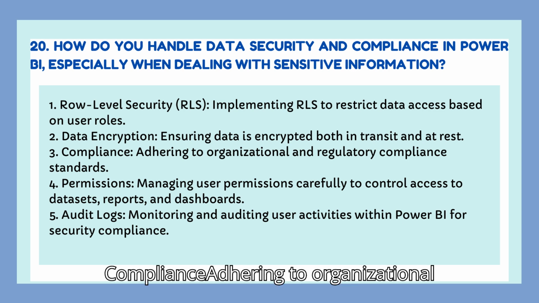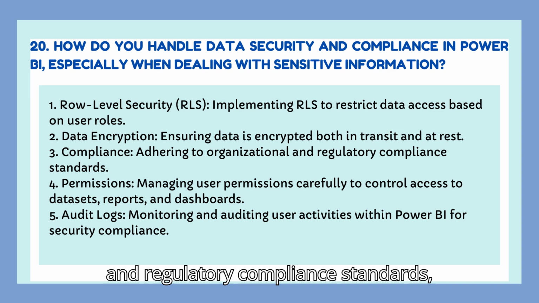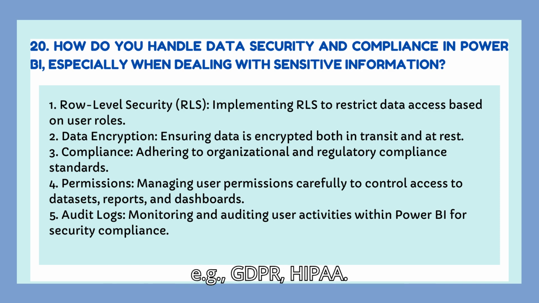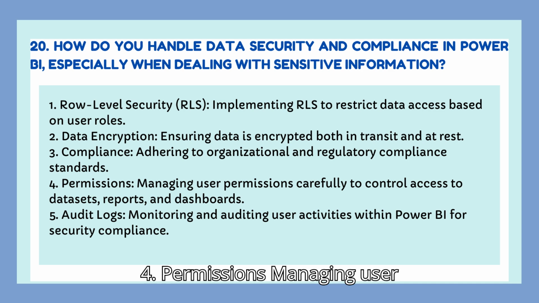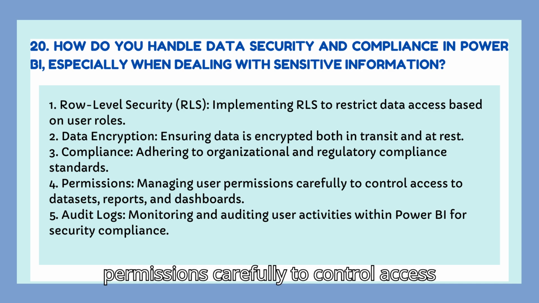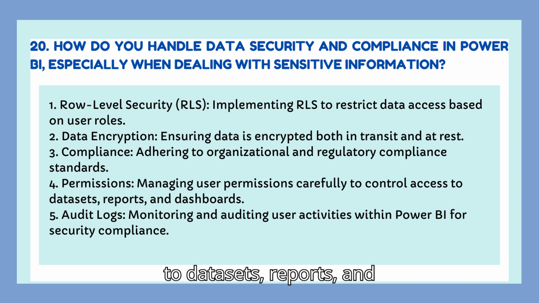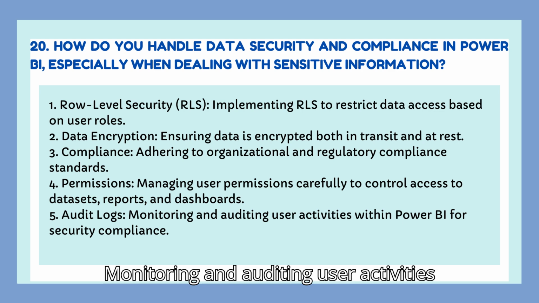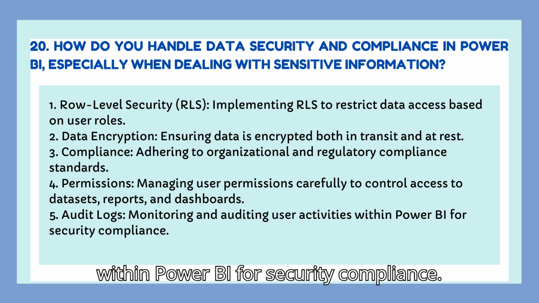Compliance, adhering to organizational and regulatory compliance standards, e.g., GDPR, HIPAA. 4. Permissions, managing user permissions carefully to control access to datasets, reports, and dashboards. 5. Audit logs, monitoring and auditing user activities within Power BI for security compliance.